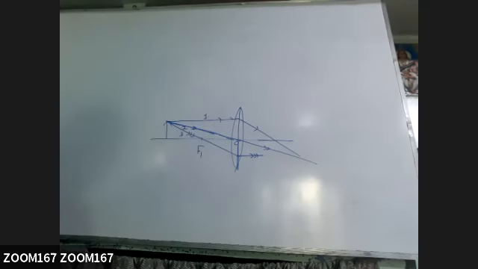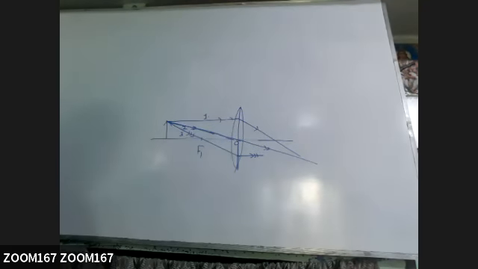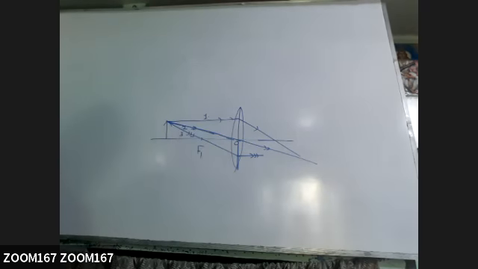You can take three rays, but if there is slight error, then all three rays will not converge at one point. So that's why we avoid taking three rays. We take only two rays, either this and this, or this and this, or you are free, you can take this and this also, no problem. Got the point?